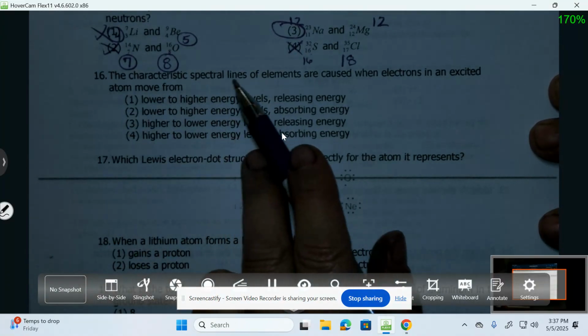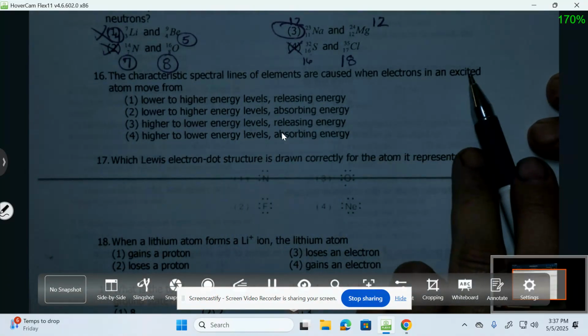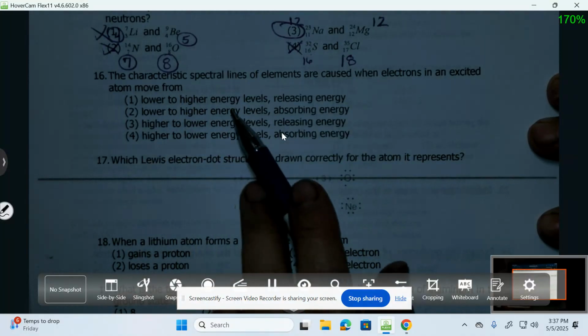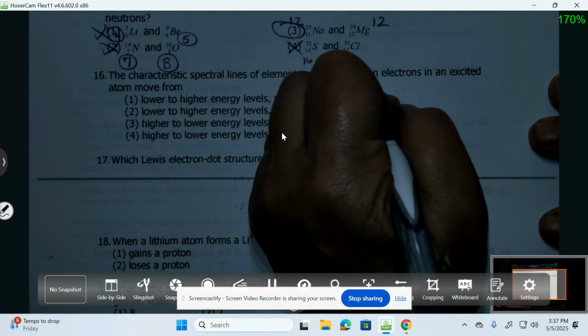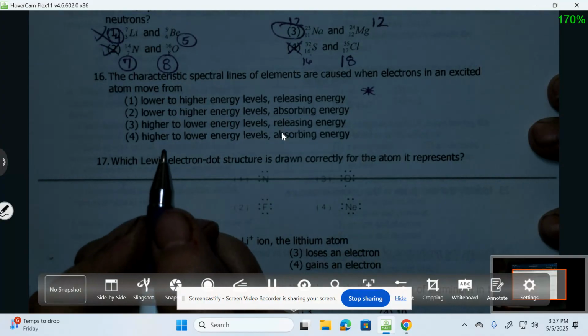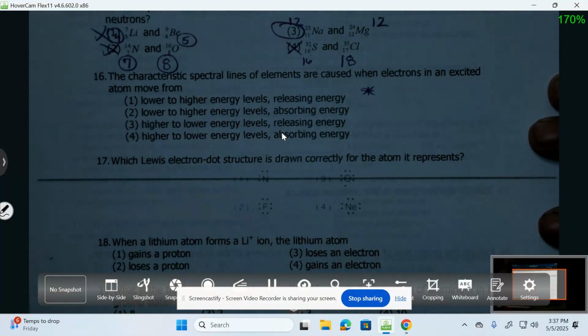The characteristic spectral lines of the elements are caused when electrons in an excited atom move from, we didn't go over this. Okay, and this is always on the Regents. When do you get those beautiful spectral lines? When the electrons do what? They release energy, and where are they going? From high to low.